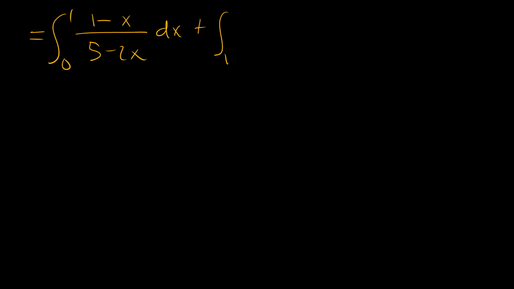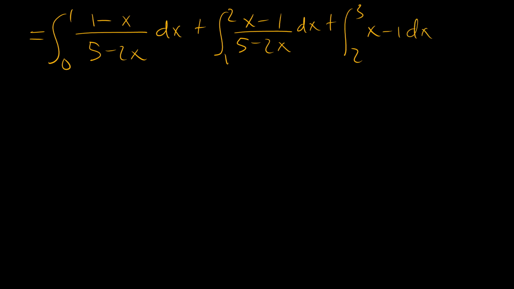Plus 1 to 2, we have x minus 1 over 5 minus 2x. 2 to 3, we only have x minus 1. And 3 to 4, we have x minus 1 over 2x minus 5.